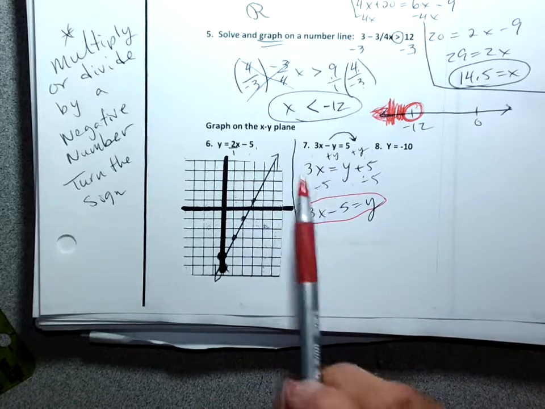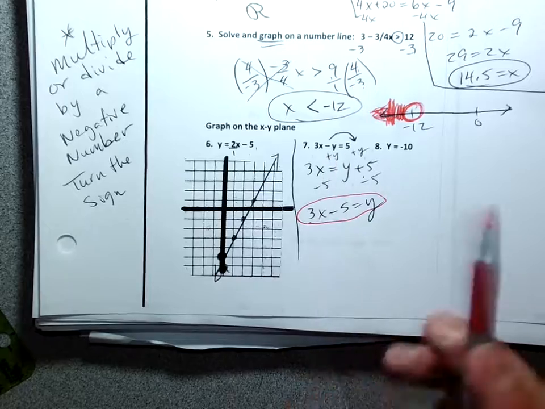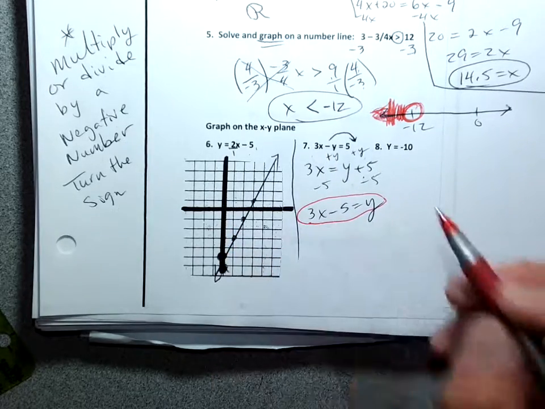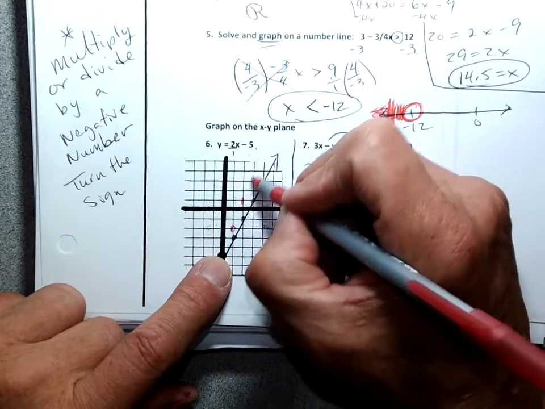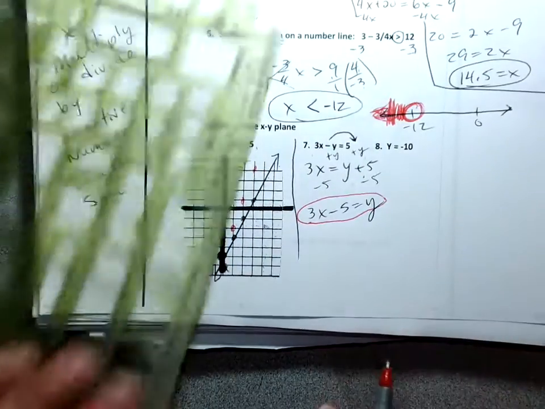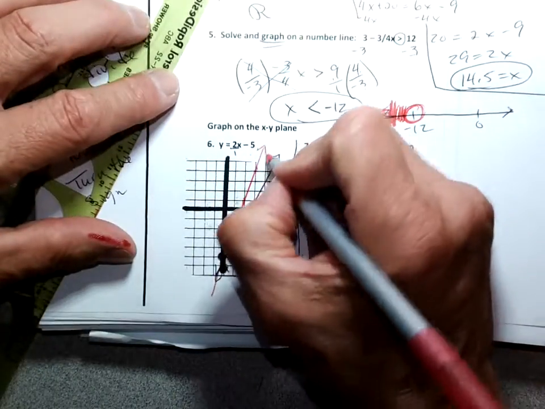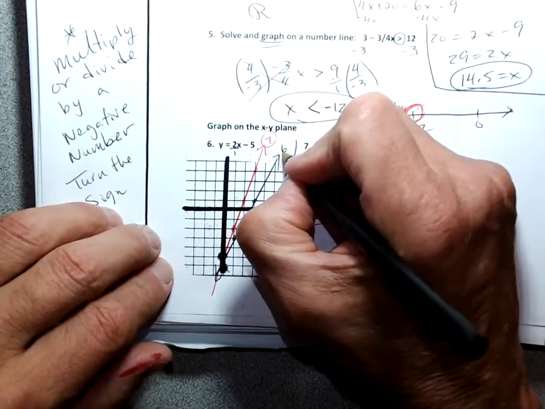You could have done what we did before, minus 3x, and then divided by negative, but this is so much easier. So negative 5, 1, 2, 3, 4, 5, and this time I'm going to go up 3 over 1. It has a little steeper slope. There's number 7, and there's number 6.